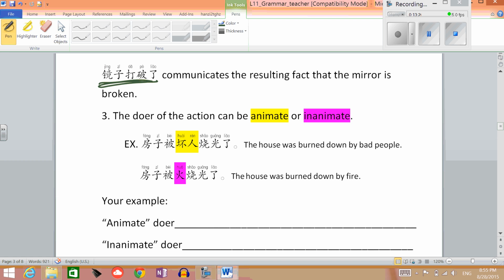There's nothing left. So the house was burned down by bad people. So 坏人 is animate. Second one, 房子被火烧光了. The house was burned down by fire. So 火 could also be an action doer. So the subject doesn't have to be a person.